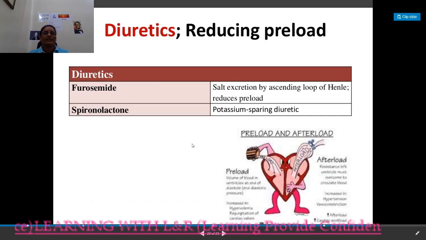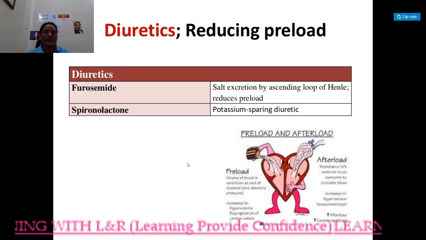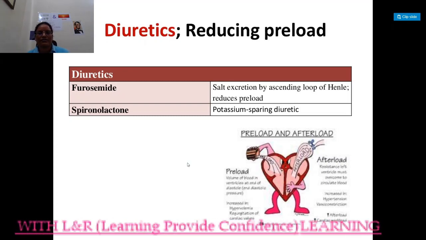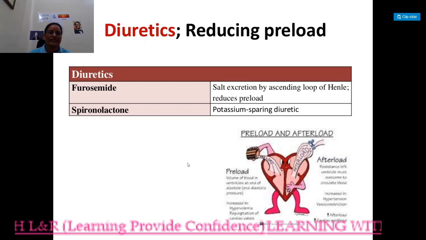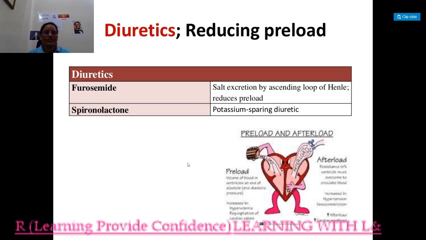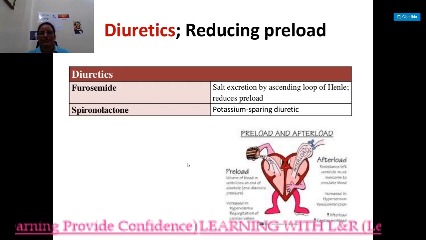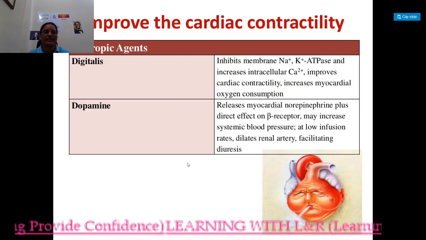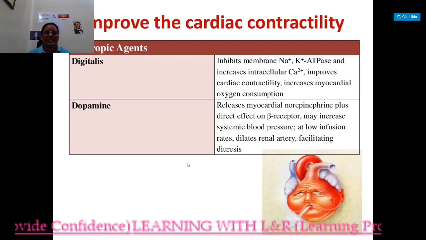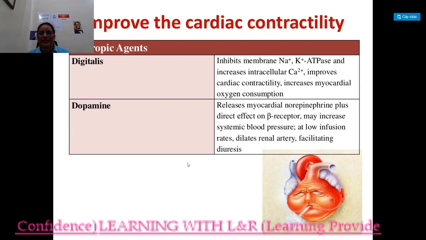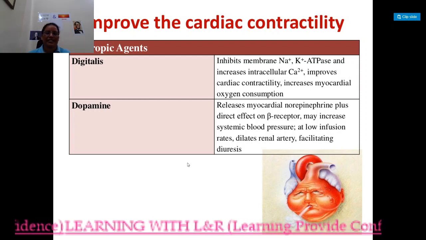Then the diuretics, reducing preload. Furosemide: salt excretion by the ascending loop of Henle, reduces preload. Spironolactone, a potassium sparing diuretic. Then inotropic agents: digitalis inhibits membrane sodium-potassium ATPase.